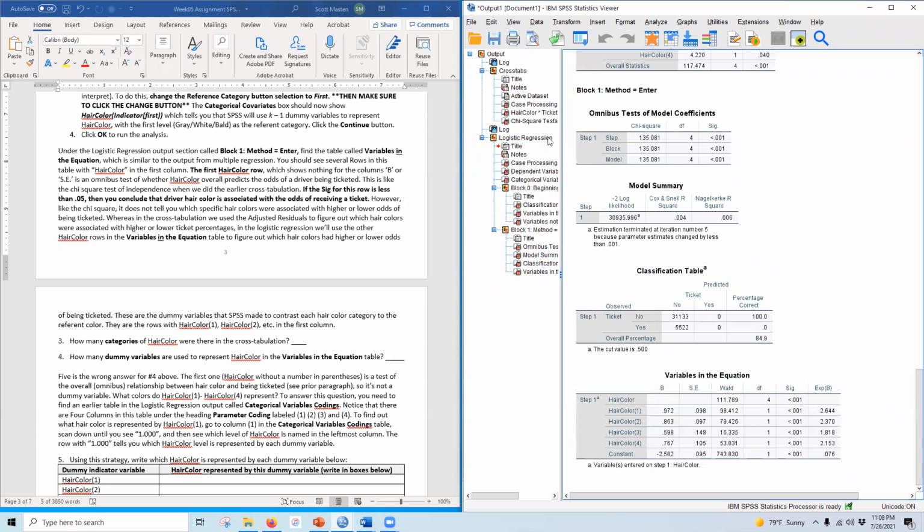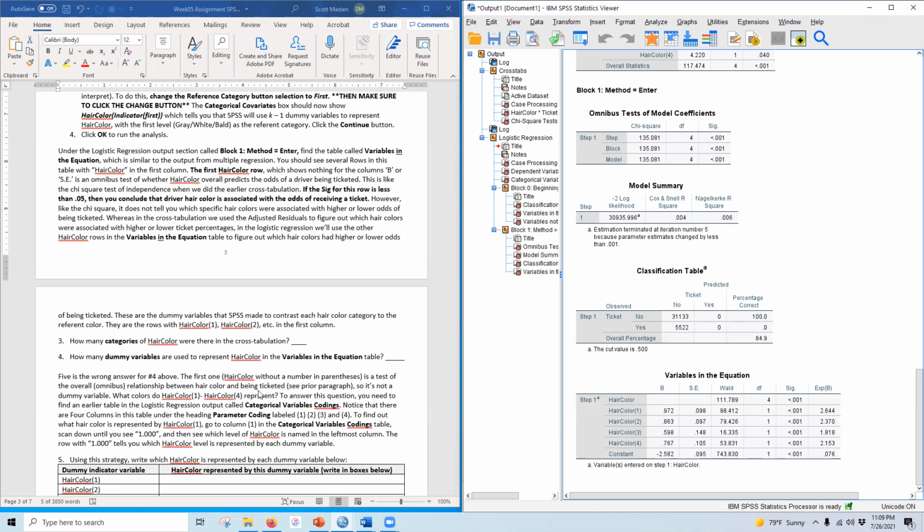Note here, we get this omnibus test of coefficients. There's one called model. Model is the last row, sig's less than 0.05. That tells us overall, this model that includes hair color does significantly predict your odds of getting a ticket your first year of driving. Your R squared is teeny tiny, 0.006. It's really small. You get a classification table.